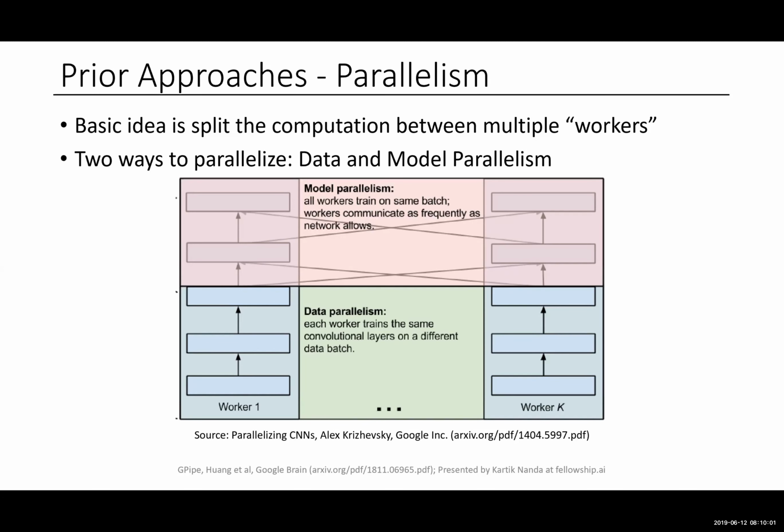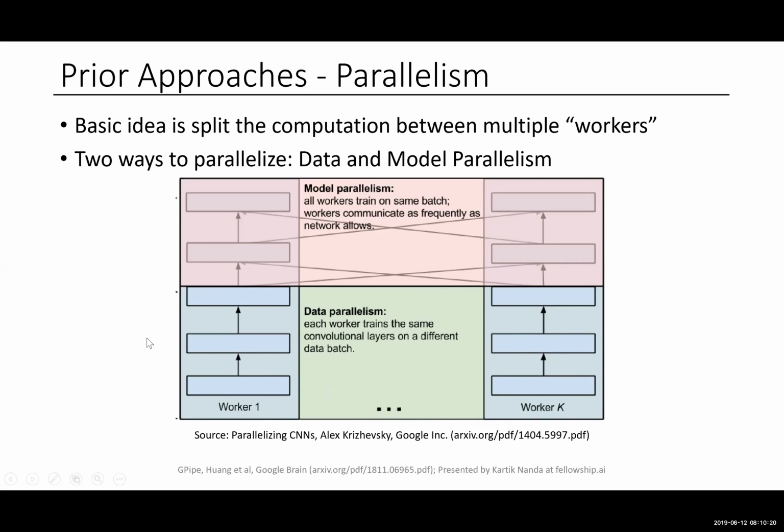What you're doing is distributing the workload between multiple different GPUs. The word used here is workers, so if you have 256 GPUs, you have 256 workers.